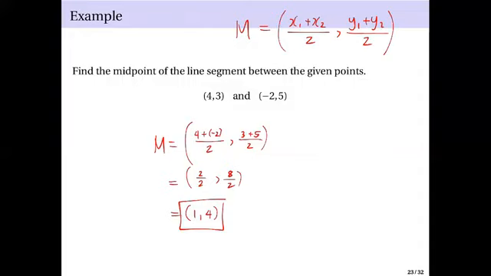Next. Midpoint between negative square root of 2, comma negative 5 and 3 square root of 2, comma 3.